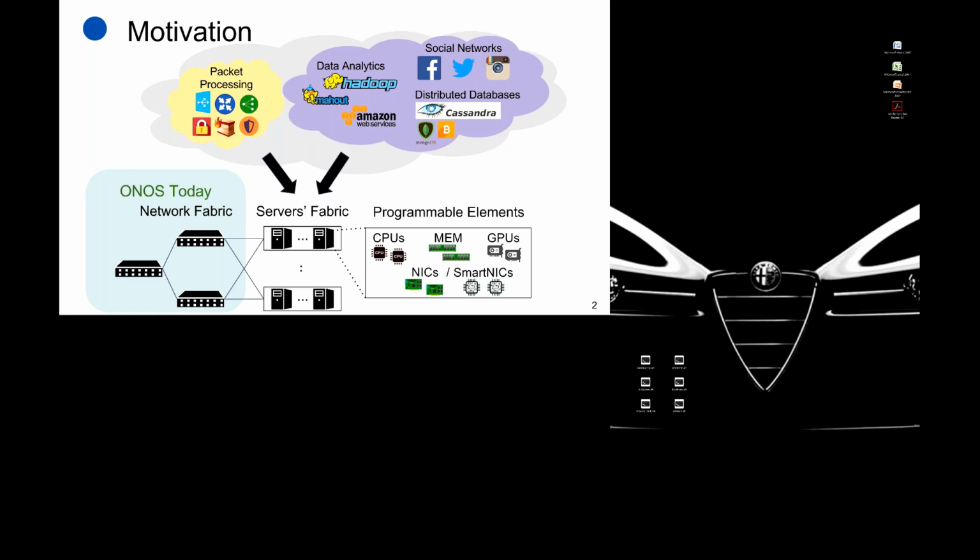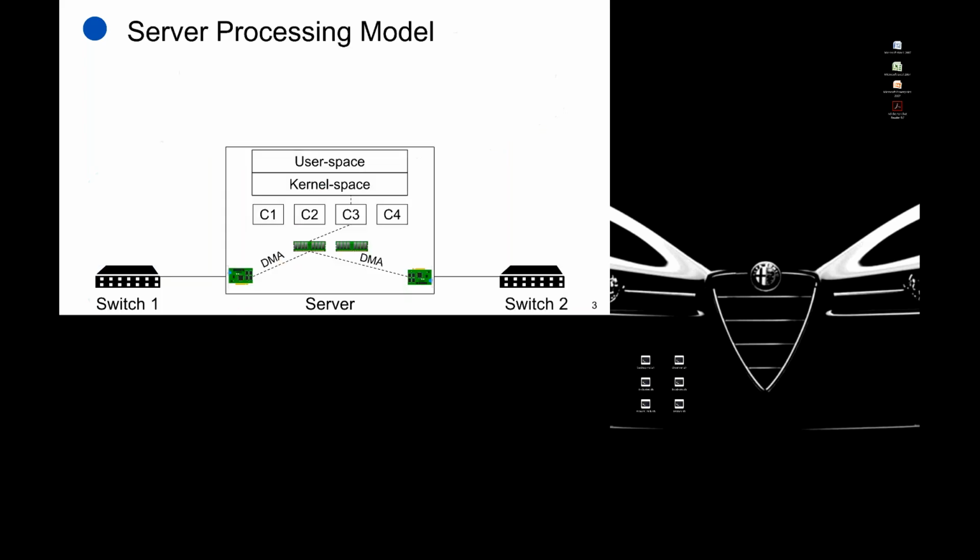So I believe that ONOS needs to address this emerging situation by incorporating commodity servers at the southbound interface. So in the next slide, and in this proposal, I will attempt to close this gap by introducing a preliminary means for ONOS to manage programmable resources in commodity servers.